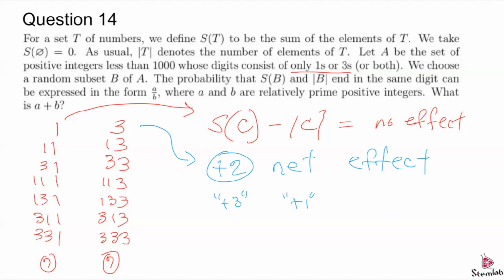So technically, we need 5 elements that end in 3 to make the units digits equal again if they started as equal. Or we could have no elements that end in 3, because in our base case the sum and the cardinality both end in 0. So there are really only 2 cases for the 3s.